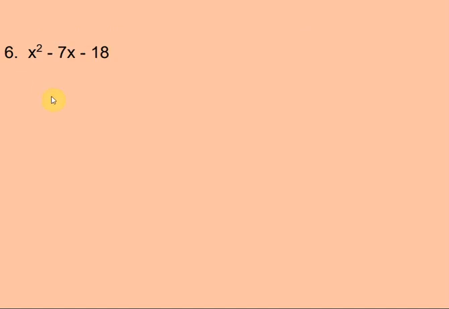All right, for this one, two sets of parentheses, x and x. Are my signs the same or different? This means they're different, so one of each. The factors of 18 are 1 times 18, 2 times 9, and 3 times 6.